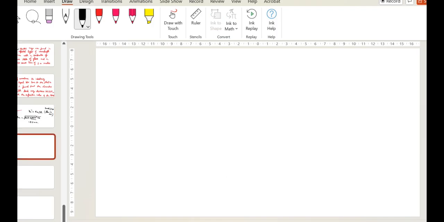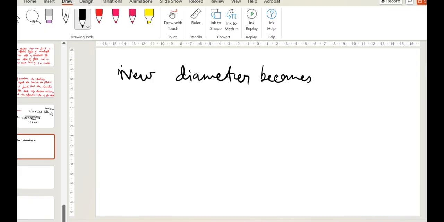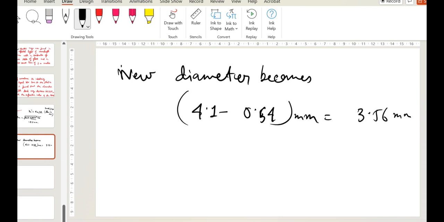And when there is a liquid of refractive index n between the plate and the lens, the diameter decreases by 0.54 millimeter, so it becomes 3.56 millimeter.